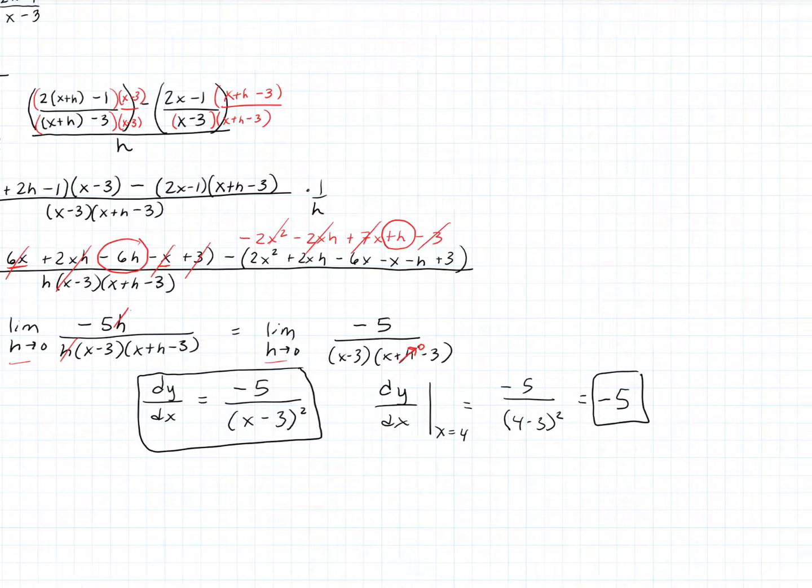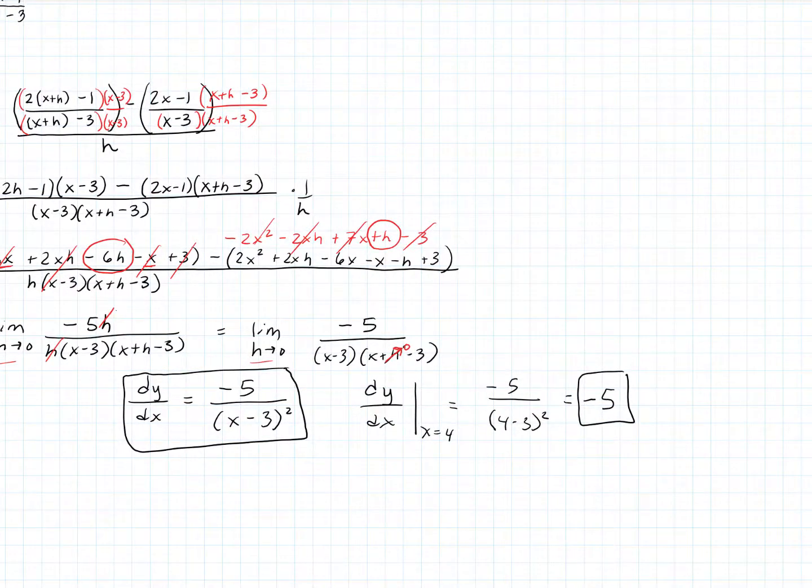And remember what that represents. I probably sound like a broken record, but that is the slope of the tangent line to y equals (2x minus 1) over (x minus 3) at x equals 4.